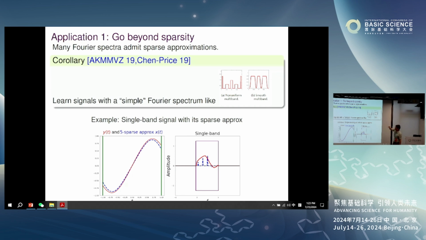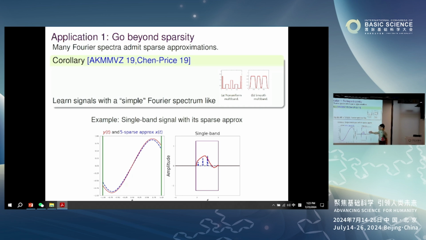The beautiful work, and subsequent work by Aaron, a couple of Moscow brothers, and others, has shown that we can reduce a simple Fourier spectrum like this to a sparse case.